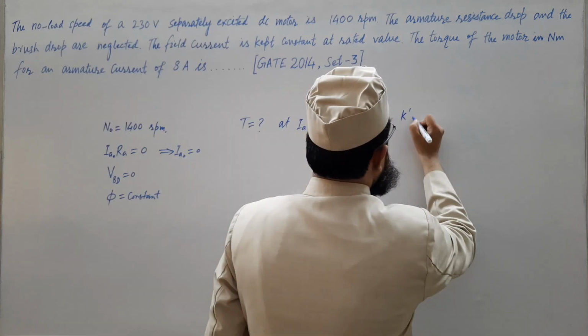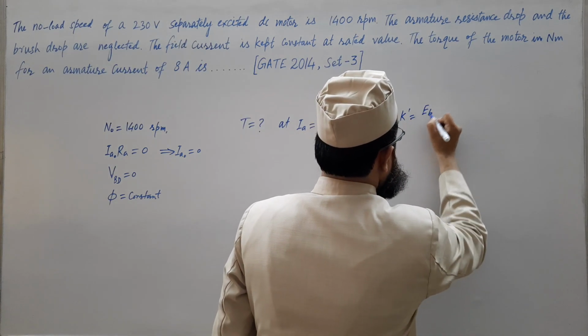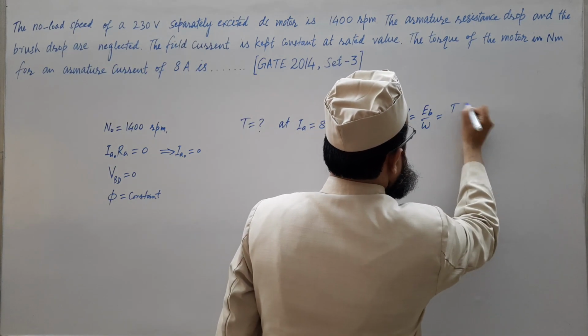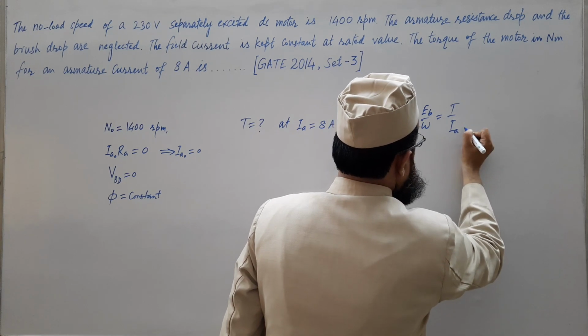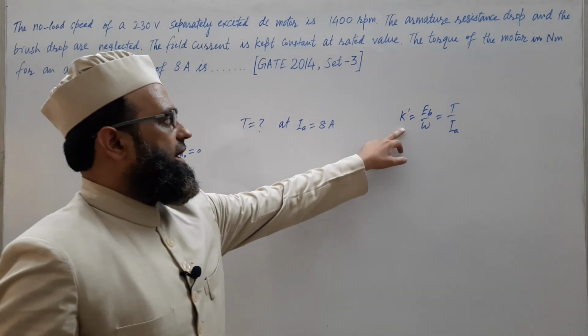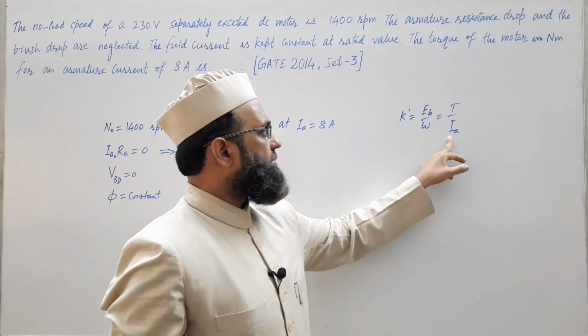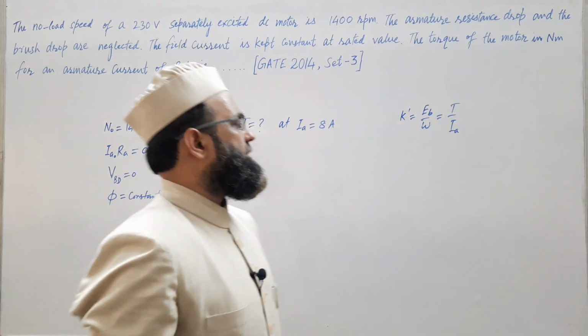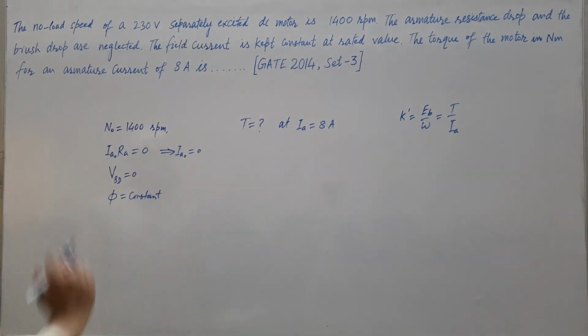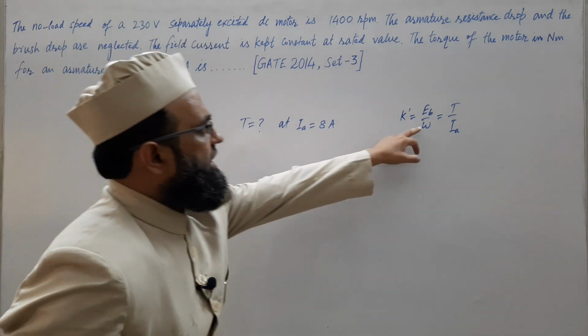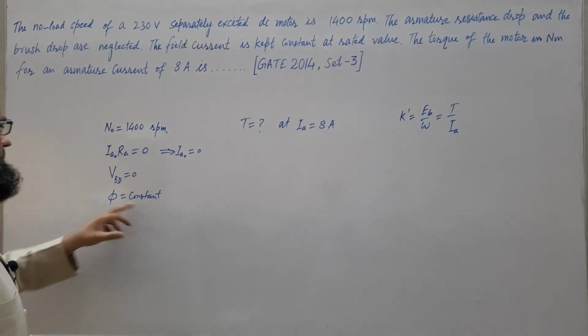So we know that K dash is the ratio of EB upon omega, or torque upon IA. By knowing the value of K dash, we can evaluate T at any IA. So try to find out K dash. From N0 we may get omega 0, so try to find out EB0.